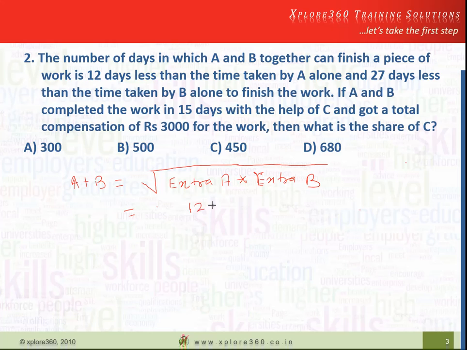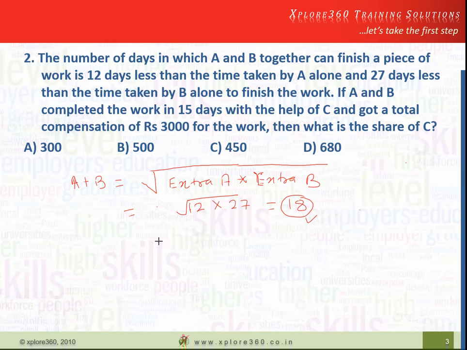So the extra days are 12 for A and 27 for B. Root under of this is going to be 18. Now you know that A and B can finish the work in 18 days.